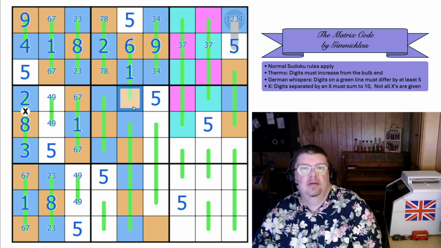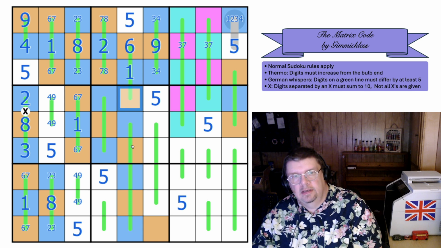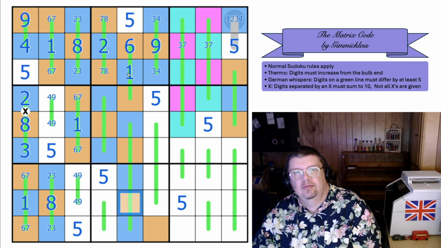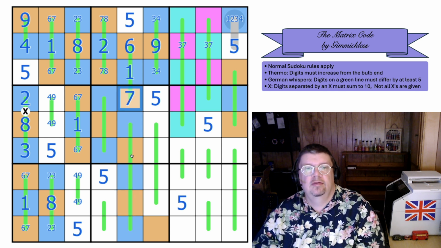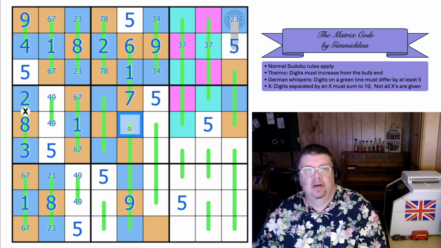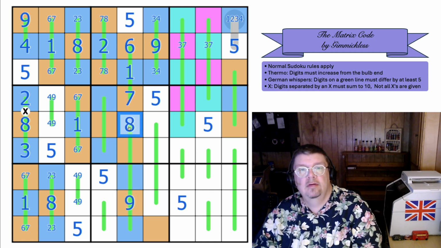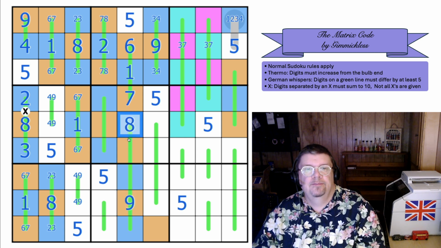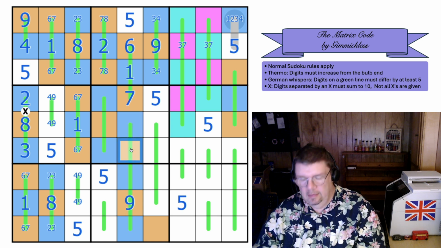This has to be... actually, okay, that and that can't be 7 because they need a 1-2 pair either side, but that's a 1. So that's a 7. That's an 8-9 pair, which we can resolve by the 8 in the row. So that's an 8. Not that one. That one.